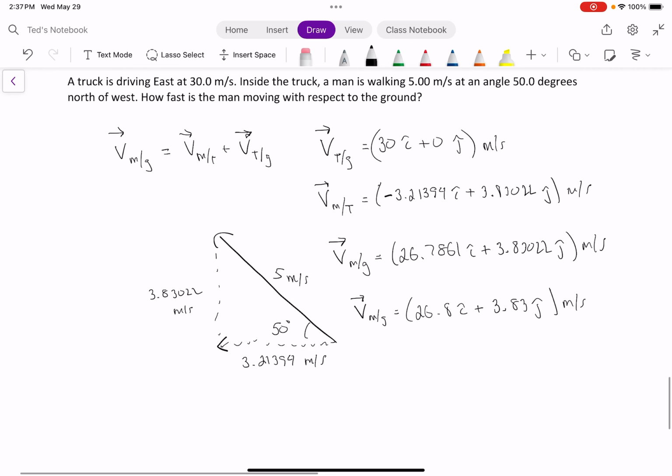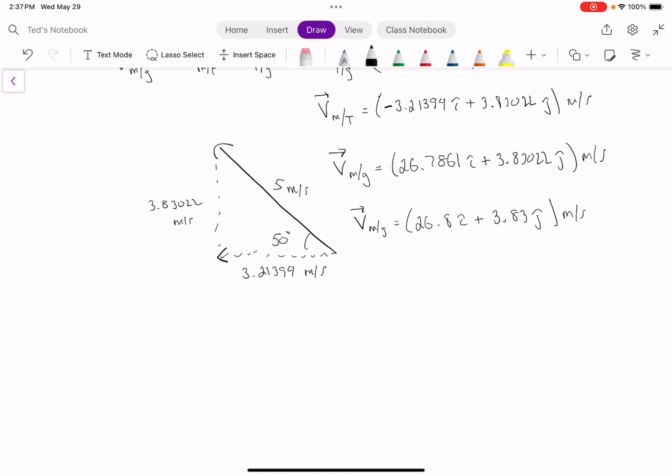But if I want to know the polar, that is how fast he's moving and what direction, then I need to convert this into polar coordinates. To help me with that, I'm going to redraw the triangle again. We know that the x component is positive 26.7861, and the y component is 3.83022.